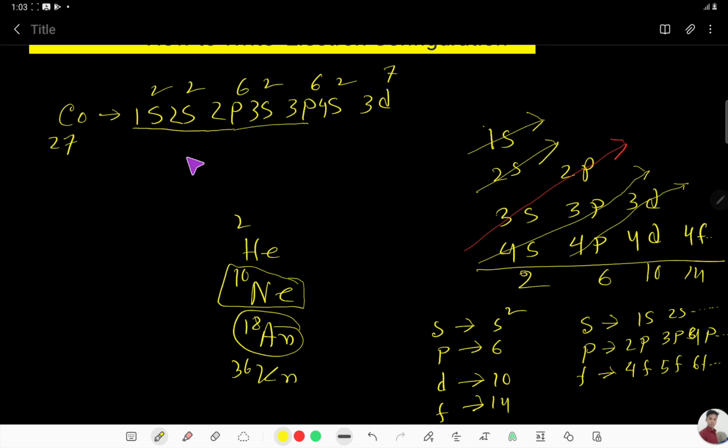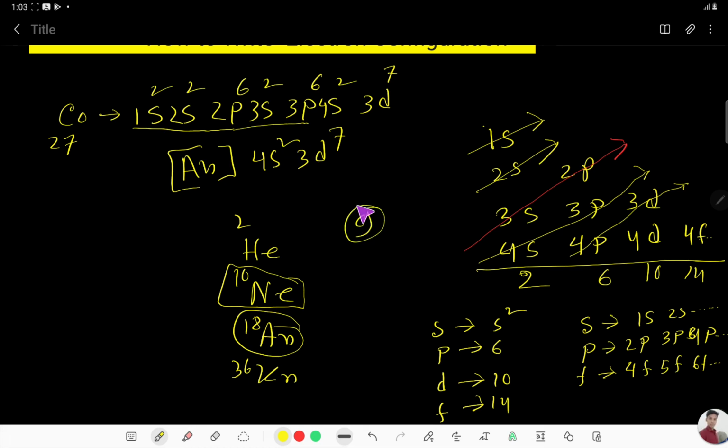So up to this we have argon 18, right? Then 4s2, 3d7.